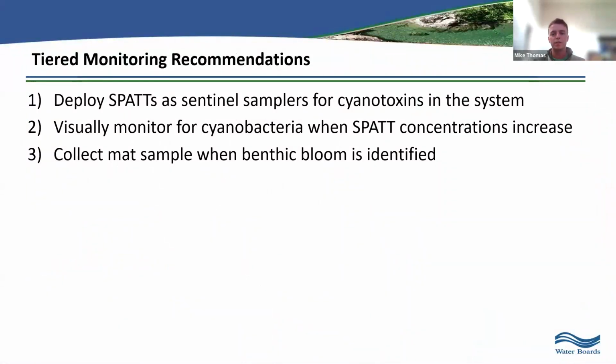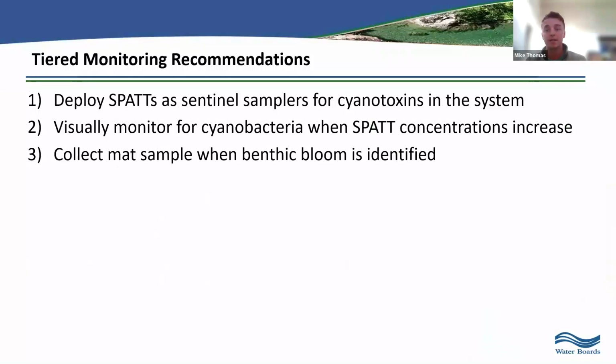Okay, so the benthic monitoring recommendations that came out of our efforts follow a tiered approach. So first, you will use SPATs as sentinel samplers to determine when cyanotoxins are increasing in the river system.